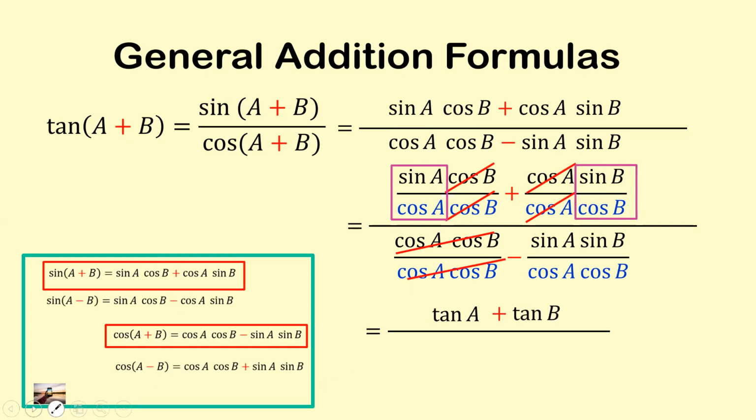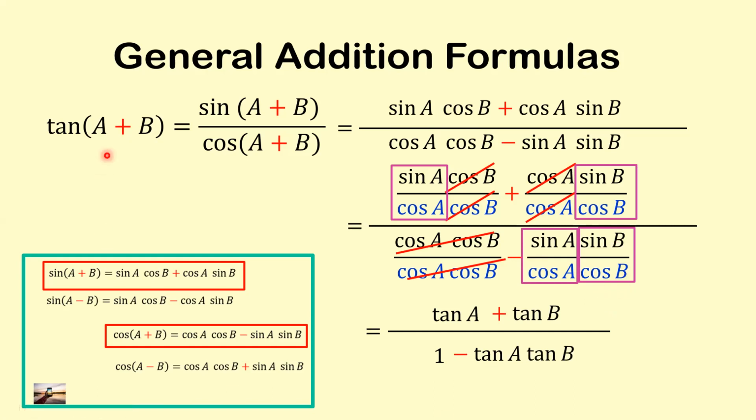Tapos, denominator is 1 minus, this is minus. Dito walang nag-cancel. So, this is tangent A. You can just combine this. Itong fraction na to is tangent A, itong fraction na to is tangent B. So, you have 1 minus the product of tangent A times tangent B. Yan.